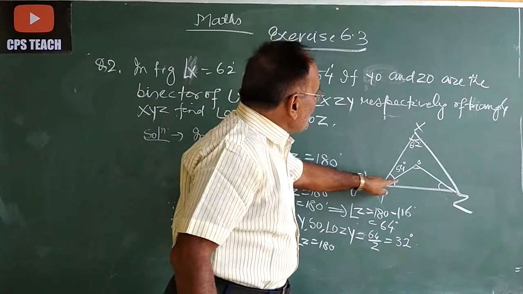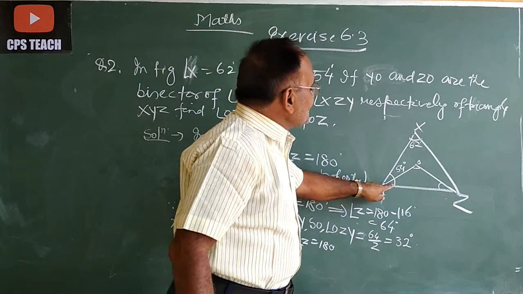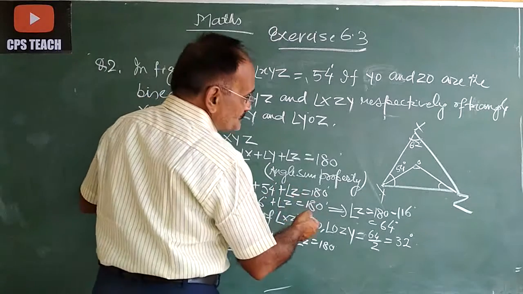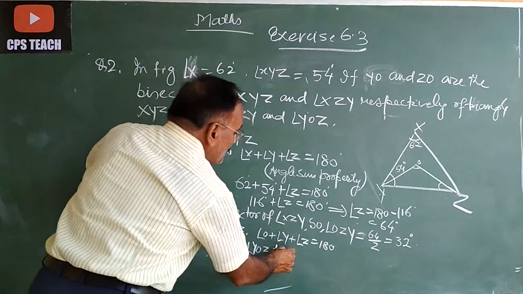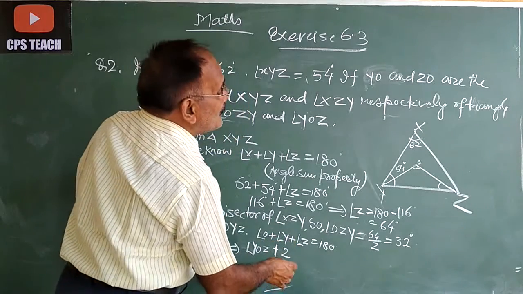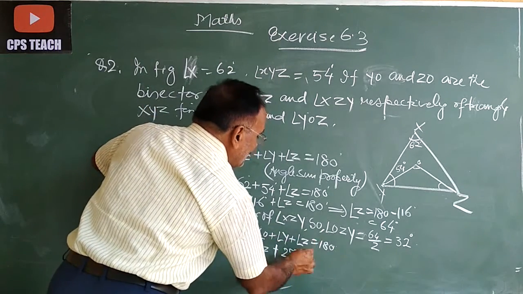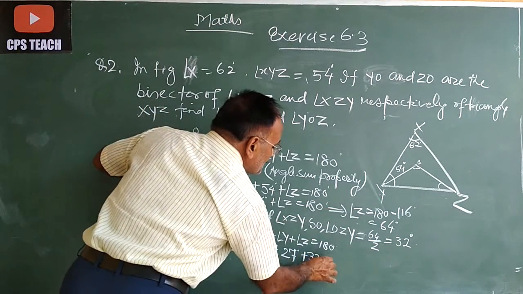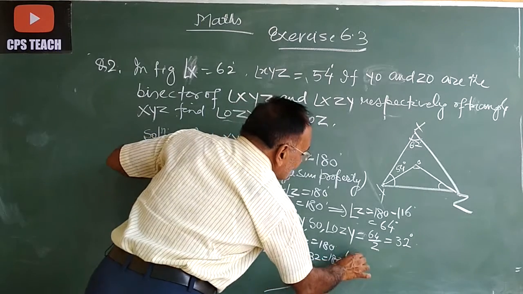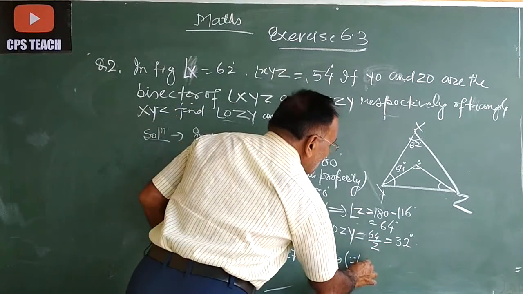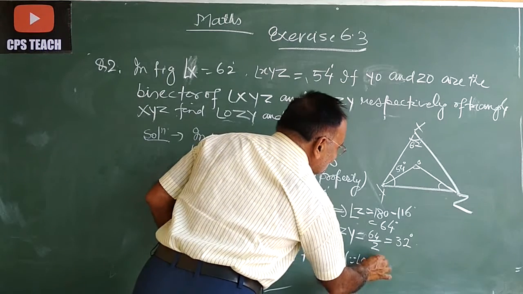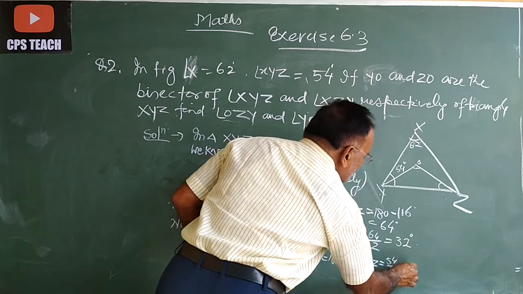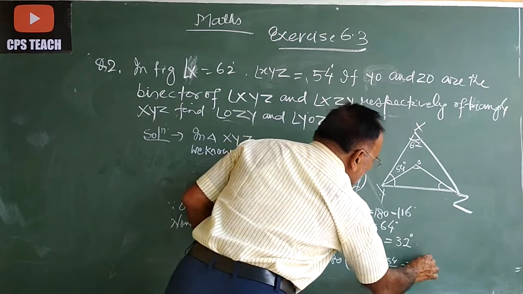It is the total value of this angle Y. So this angle is just half of 54 degree. Then it is 27 degree plus angle Z, which we have found 32 degree, is equal to 180 degree. चूंकि angle OYZ is equal to 54 बटा 2 is equal to 27 degree.